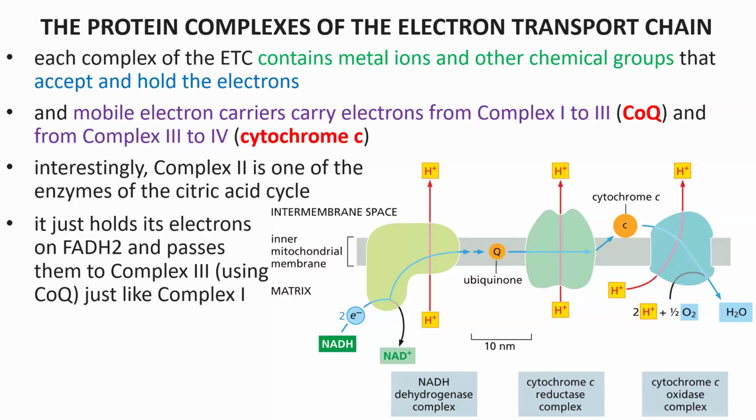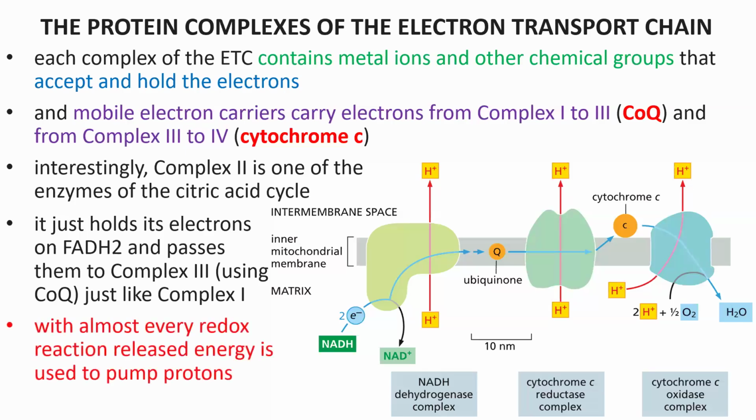So CoQ is the entry point of all of the electrons for the ETC. All of the NADH electrons arrive through complex 1, and all of the FADH2 electrons arrive as part of complex 2. All the electrons culminate on CoQ. CoQ carries them to complex 3, to cytochrome C, to complex 4, to oxygen, making metabolic water.